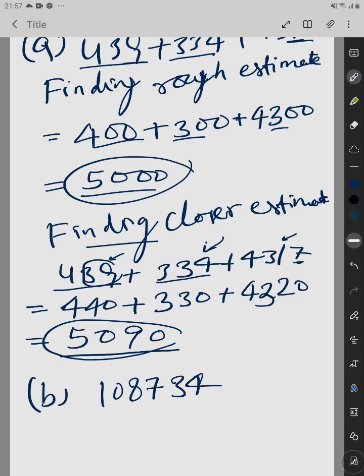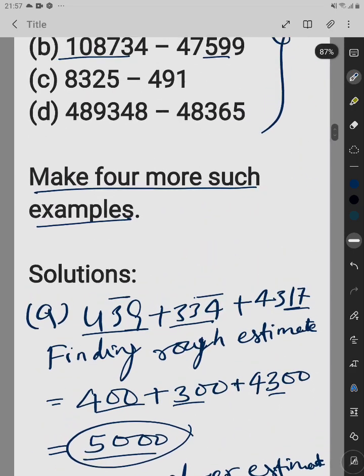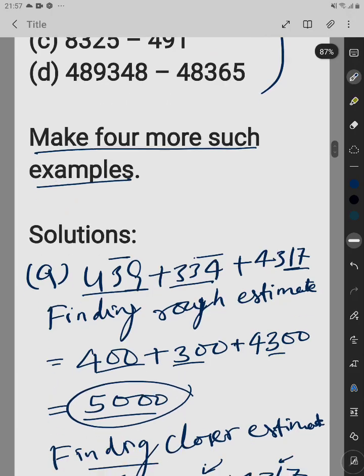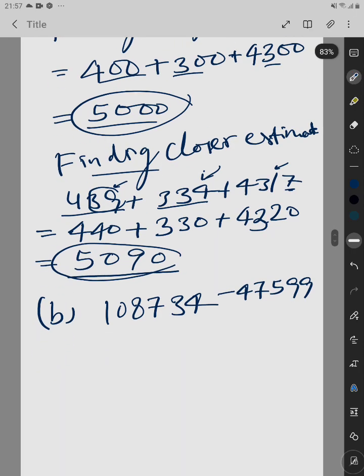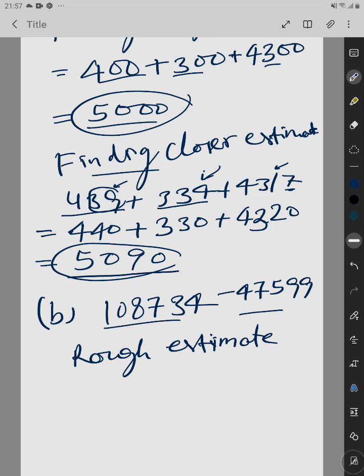First of all we will find the rough estimate of this subtraction. For finding the rough estimate we will round to the nearest 100.